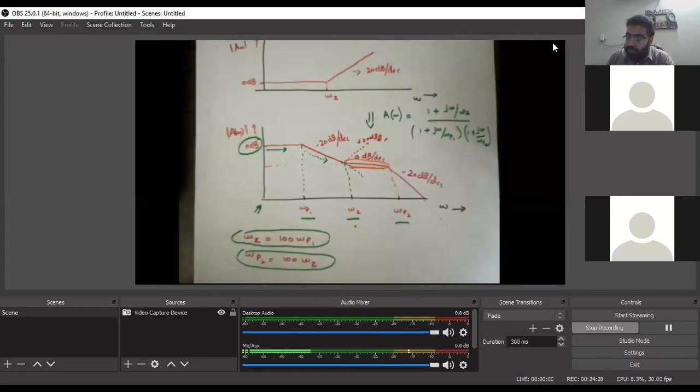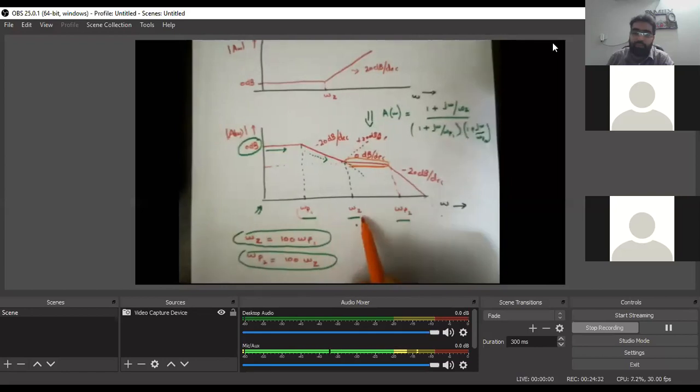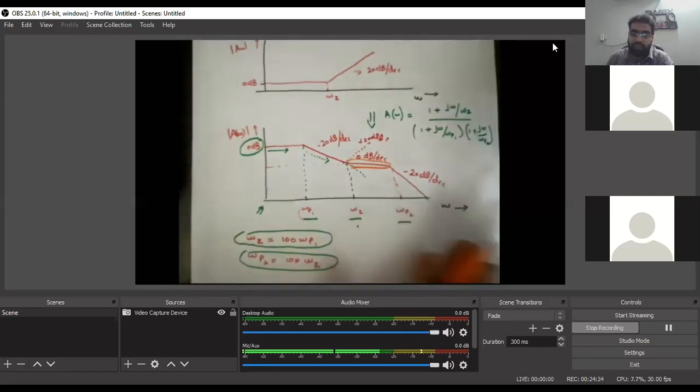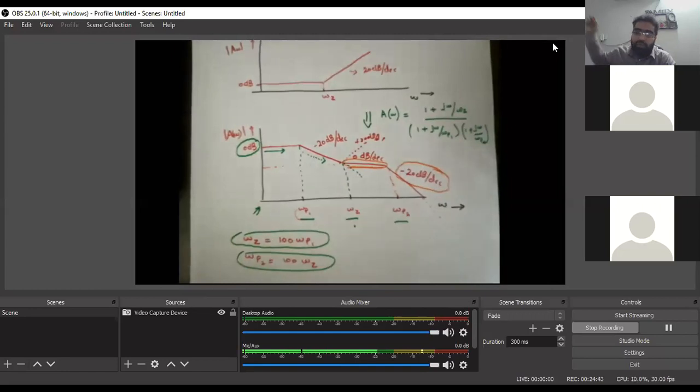So this pole effect was cancelled by this zero, for example, and then this pole effect was not cancelled because there are two poles and one zero. So the net slope is going to be minus 20 dB per decade at much higher frequencies.